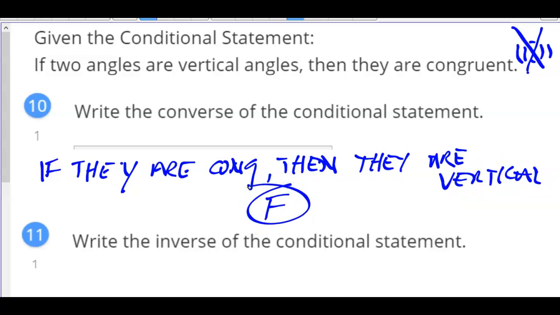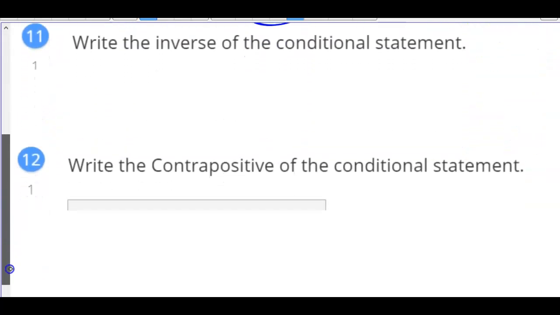You didn't ask me for it, but maybe tomorrow I'll ask you to think about true or false. We know this is a true statement, but the converse is false. We don't know that since they're the same, they have to be vertical angles. They could just be two random angles that happen to be the same measure, not connected by intersecting lines.